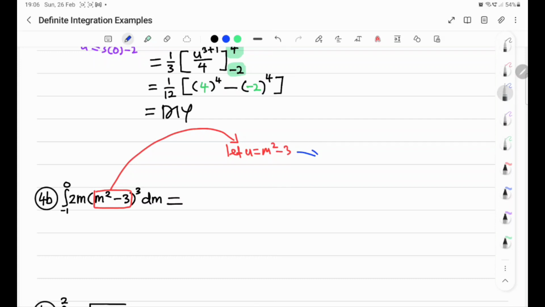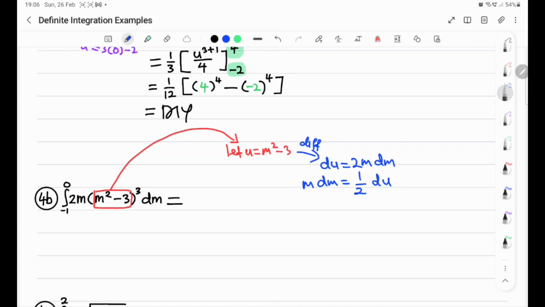Now the next step is to differentiate to become du equals 2m dm. So dm equals 1 over 2... my bad. m dm equals 1 over 2 du.